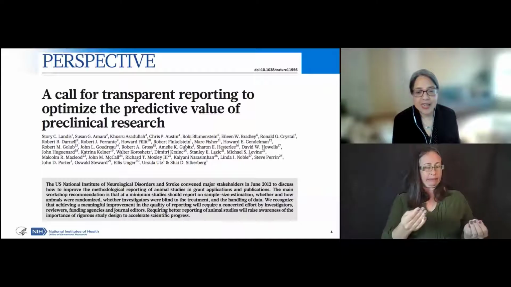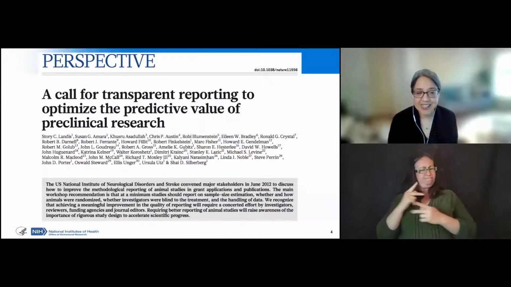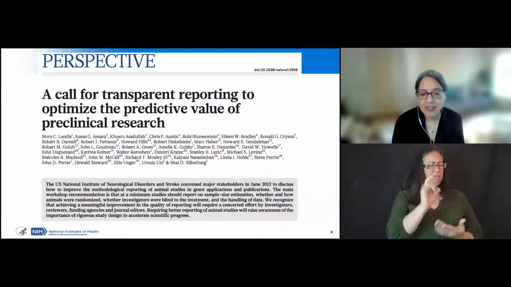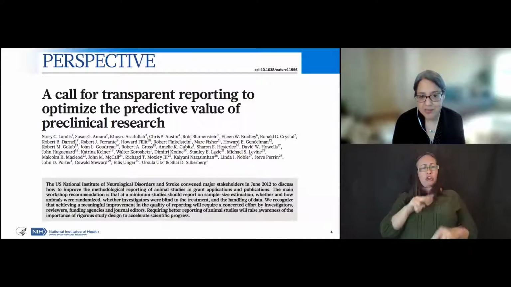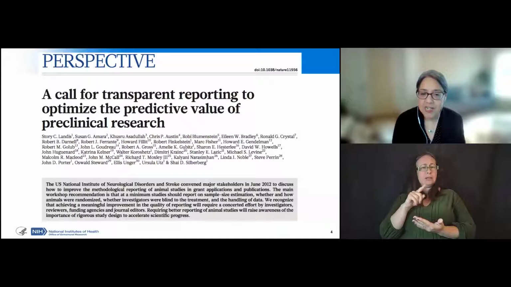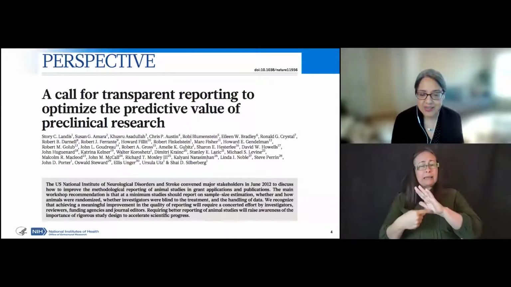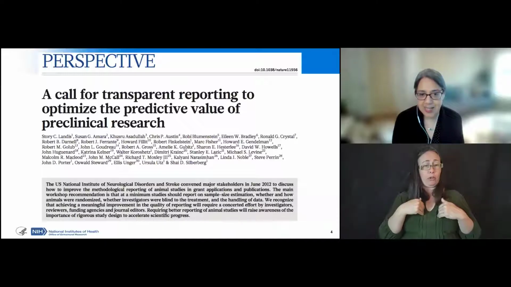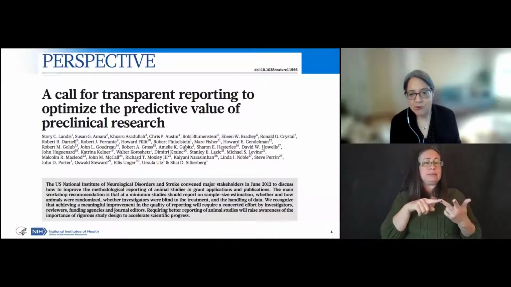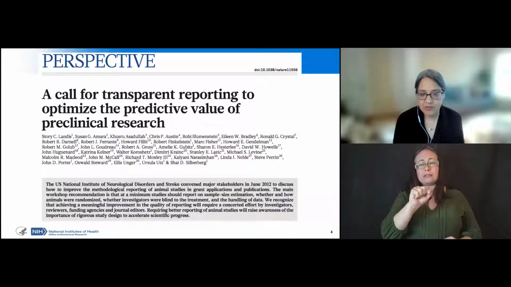And so at that point, NINDS decided to go back and try to figure out what happened, why did this trial fail so miserably? When they went back and looked at those 2002 papers, they found that a lot of those papers actually were not very transparent in reporting. They didn't indicate whether or not the animals had been randomized, or if there was blinding. In some cases, they didn't report the sex of the animal, or the transgene copy number of those mice.